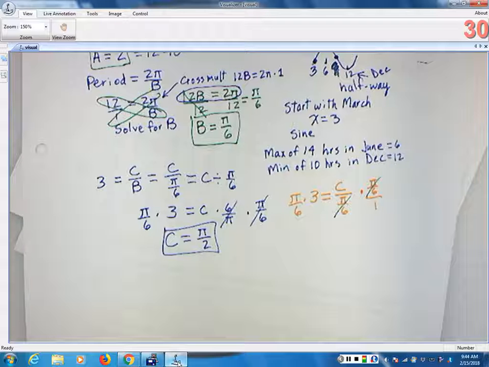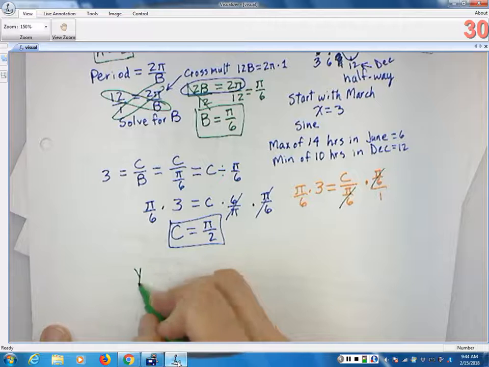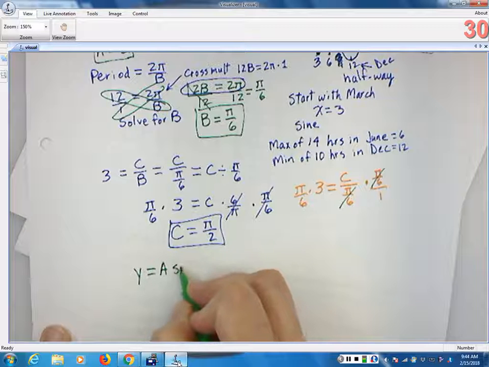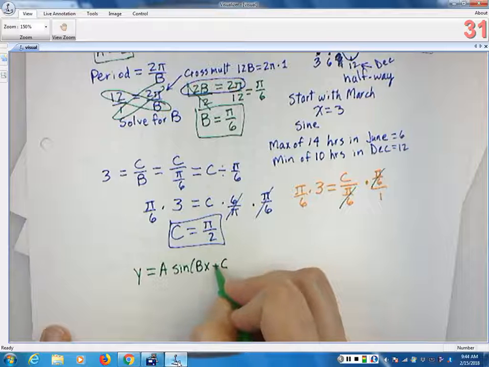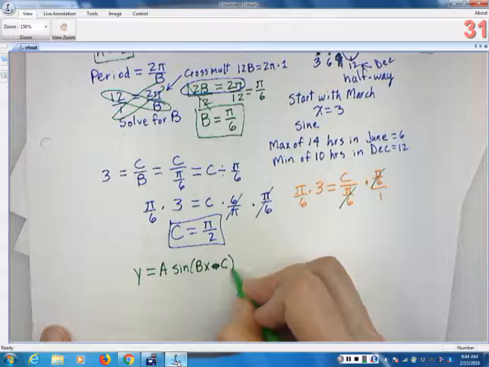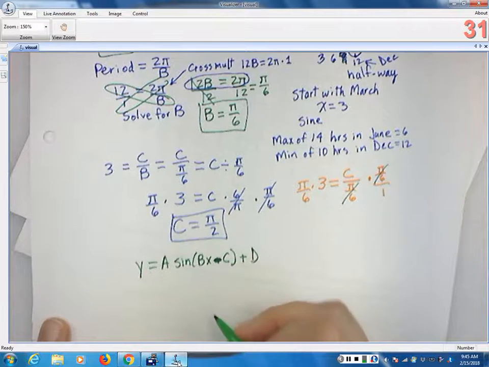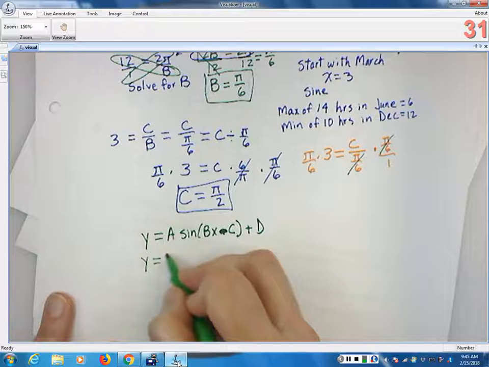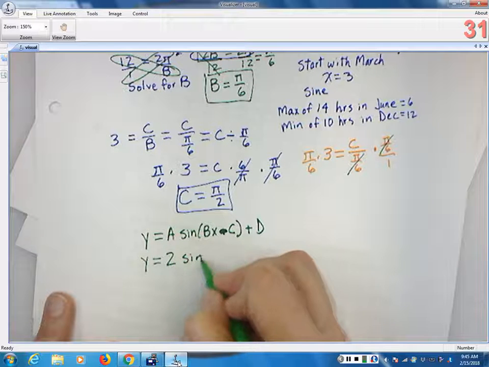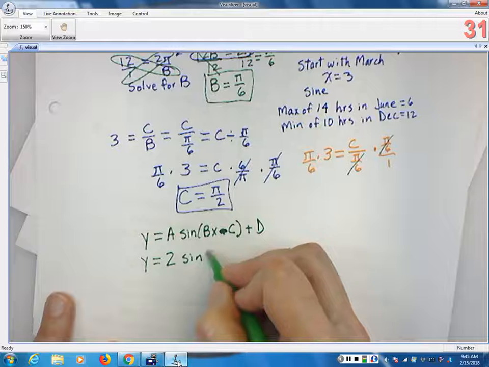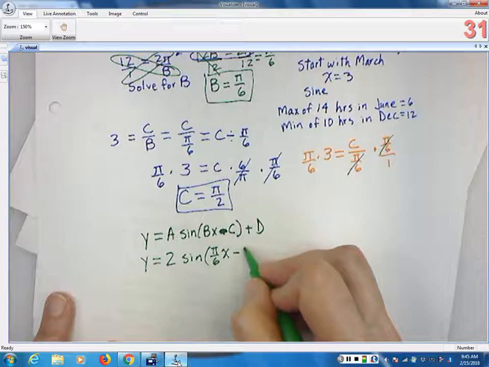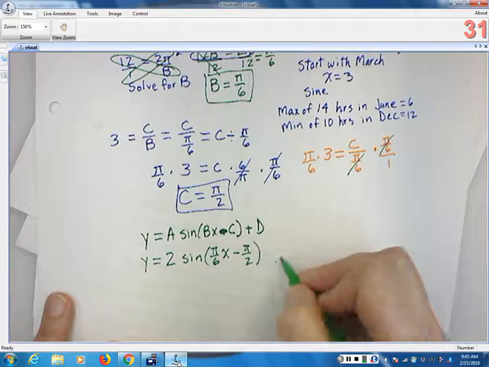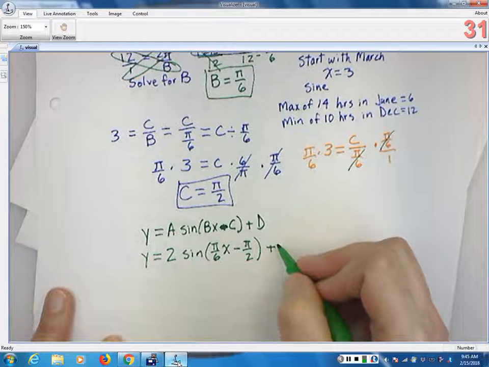So the equation, again, is y equals A sine of Bx minus C, plus D. So y equals 2 sine of, B was pi over 6, times x minus pi over 2, plus, and D was 12.